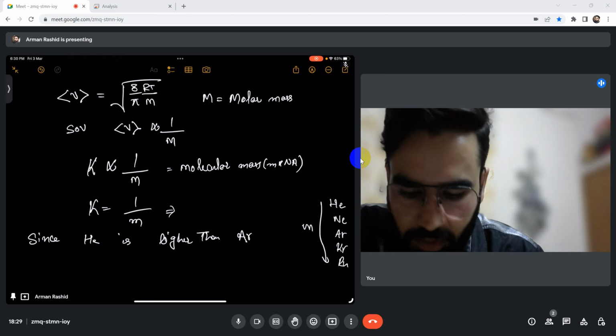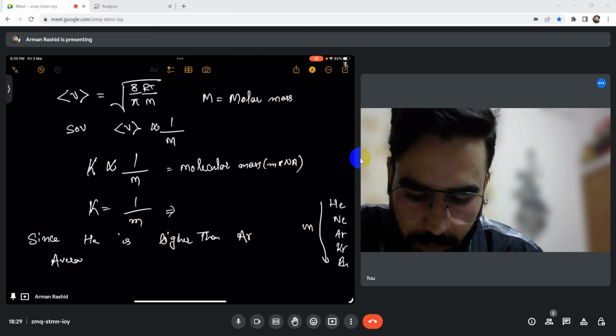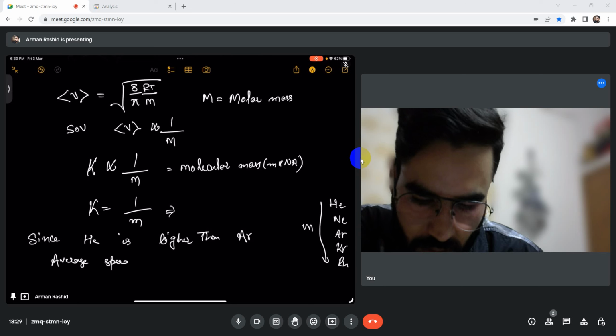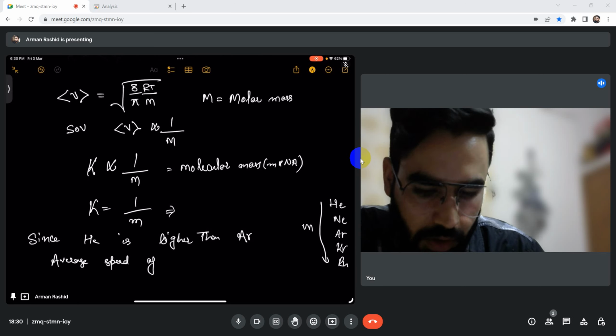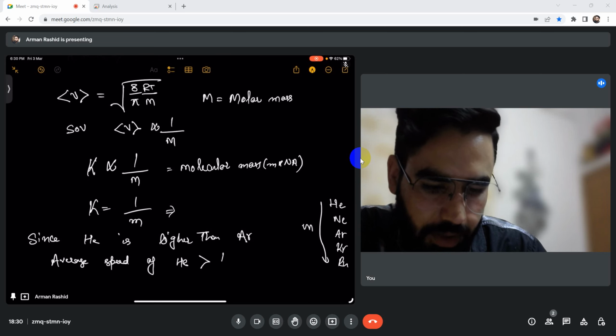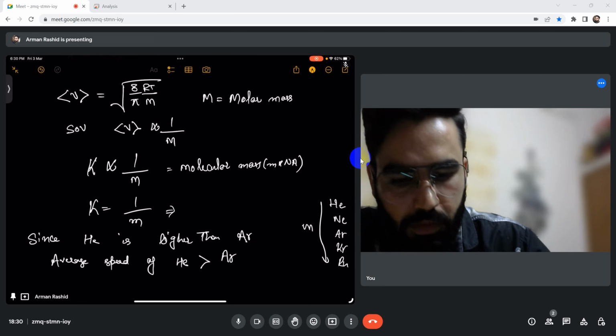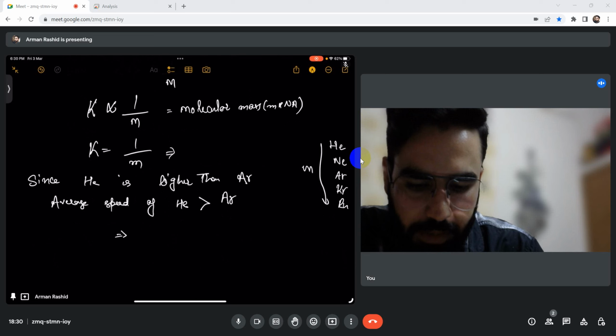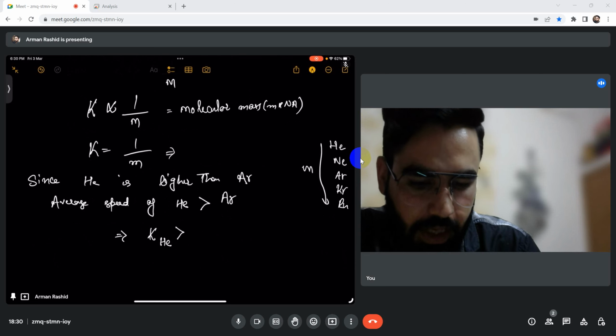The average speed of helium should then be greater than that of argon, which implies that the thermal conductivity of helium is greater than the thermal conductivity of argon.